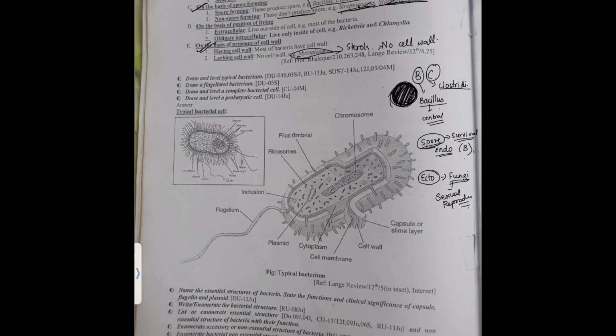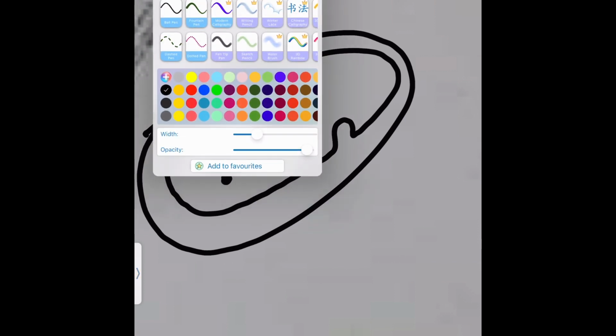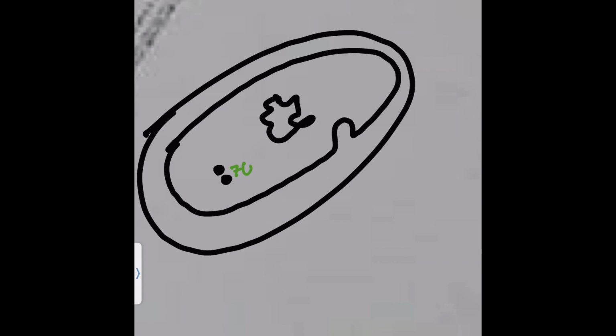Now moving forward, this is the structure of a typical bacterium. Let me draw it again for you. This is the cell wall, this is the cell membrane, this is the nucleoid, and this is the ribosome. Ribosome, as you all know, is 70S in prokaryotes, and in eukaryotes, that is true nucleus organisms like fungus and humans, it is 80S, but in bacteria it is 70S.